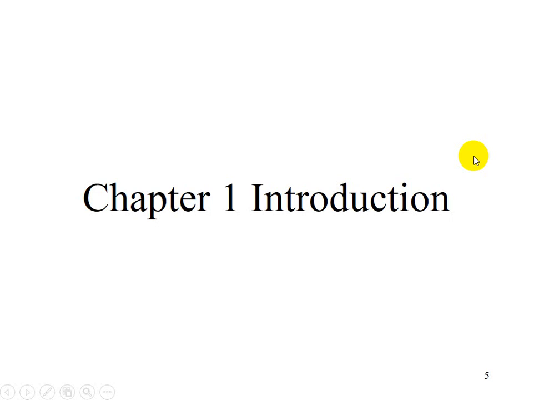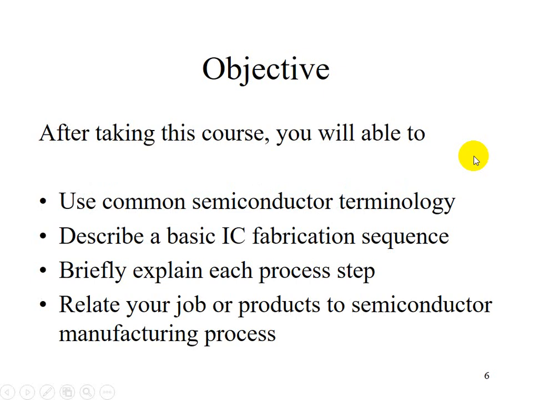The IC chip was basically invented in about the 1950s. There has been a lot of progress after that. After taking this course, you will be expected to be able to use the common semiconductor terminologies.